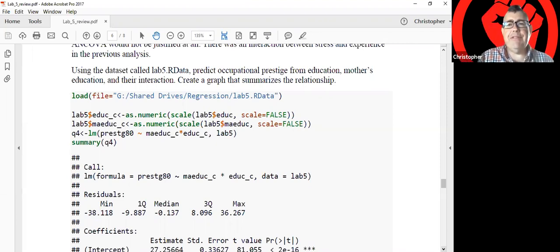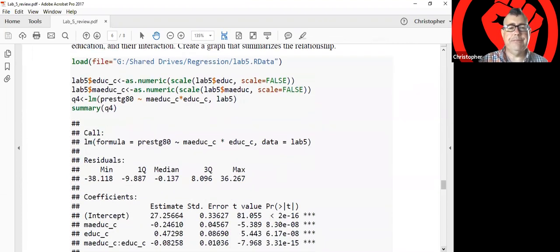You can see I've centered both of these variables, again using that as.numeric piece. And then I simply ran a regression with both of the variables in there. In the code here, if you simply multiply one variable by another, it gives you the individual effects and also the interaction effects. It's a shortcut way to write this.